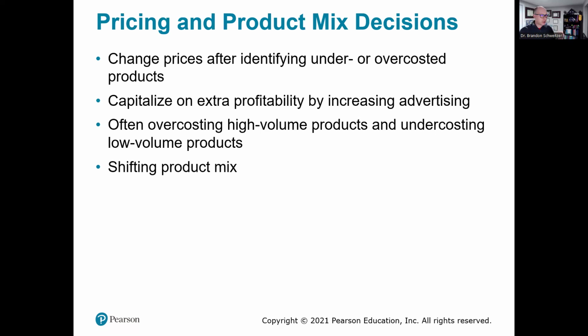We want to make adjustments on a marginal basis. This might also involve shifting our product mix. So I might focus on producing more treadmills rather than more ellipticals because the treadmills are more profitable, right? So making those kinds of shifting decisions is really important as well. But the ultimate goal here, of course, is profitability.